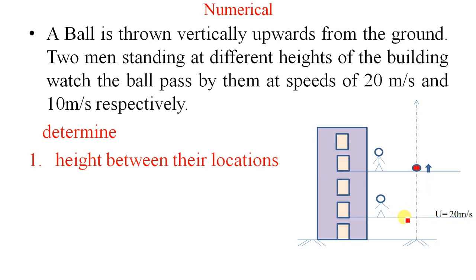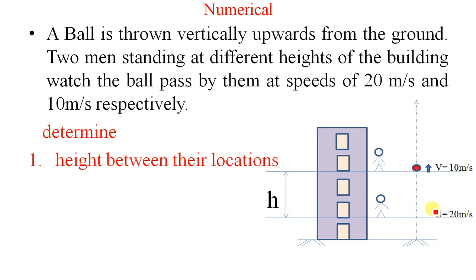When this ball is moving upward and crosses the second person, the velocity at that point is 10 meter per second. From this given data, we have to find out the height between their locations, that is, the height between this person and this person, this h.